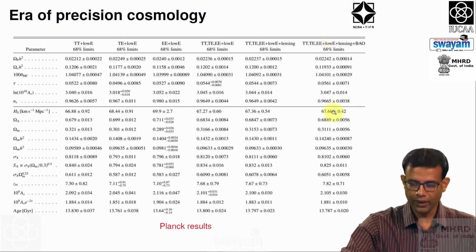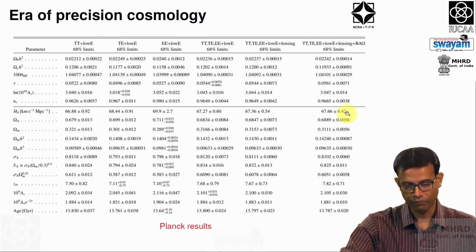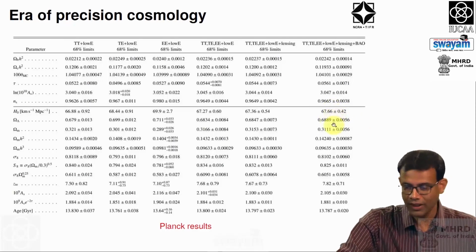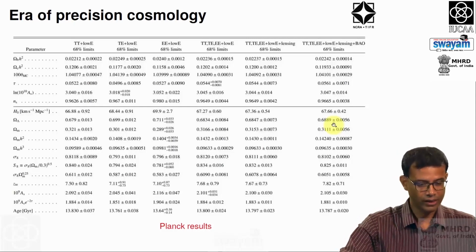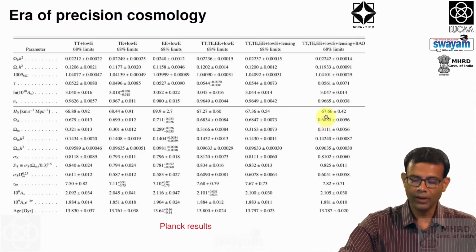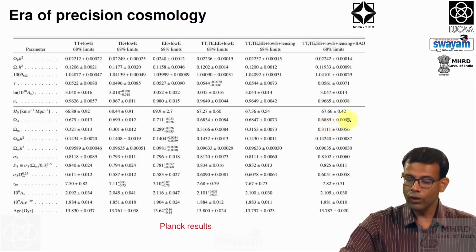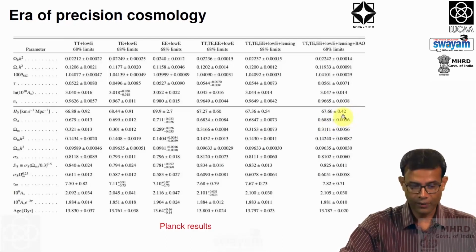So, if you for example use this data set, we are talking about a H naught which is 67.66 plus minus 0.42. Okay. So, it is not really 70, it is less than 70 to a very high degree of precision. Omega lambda turns out to be somewhere around 69%, but again look at the error bars, very precise.